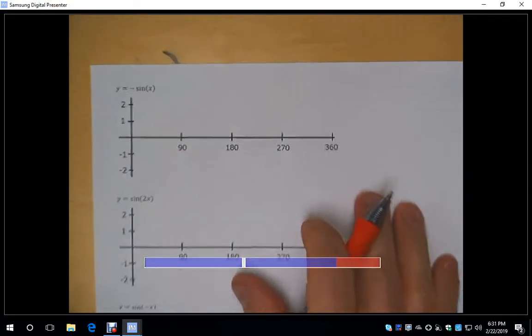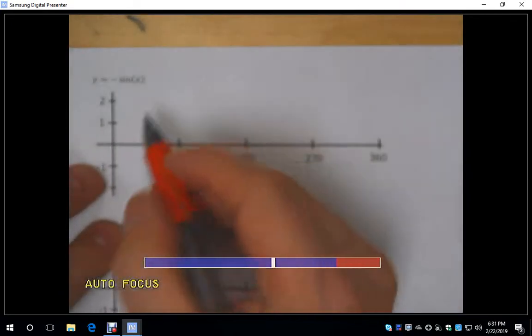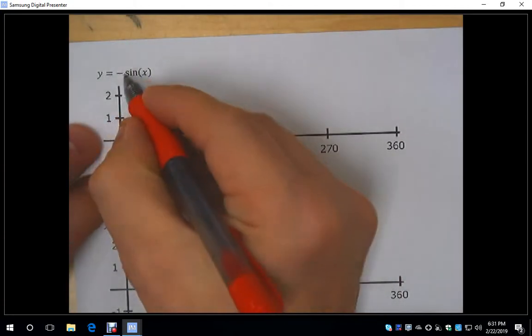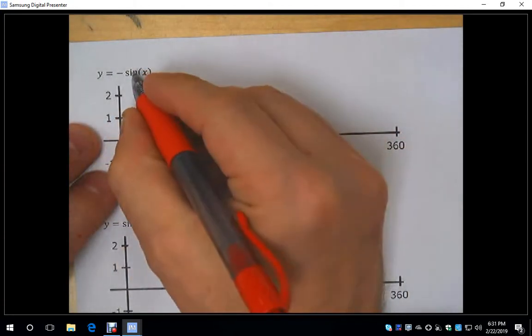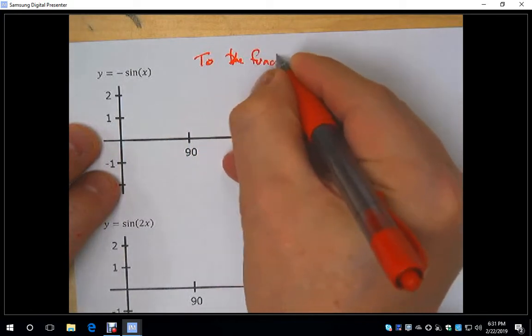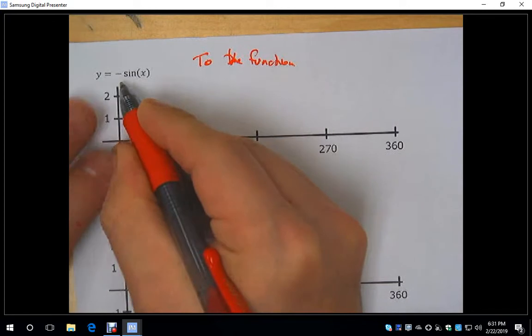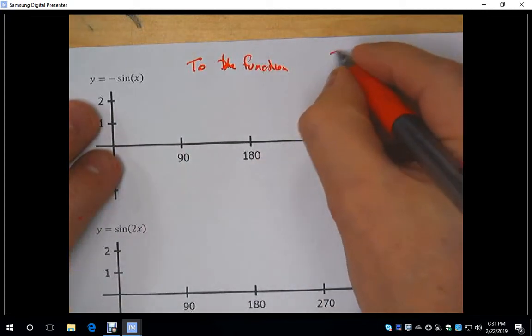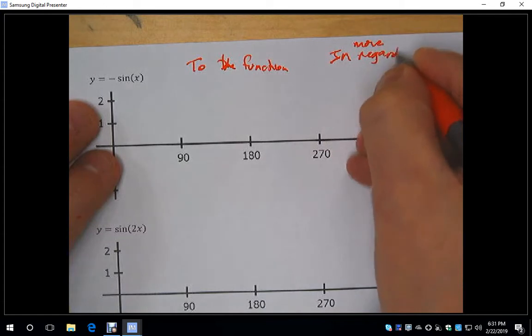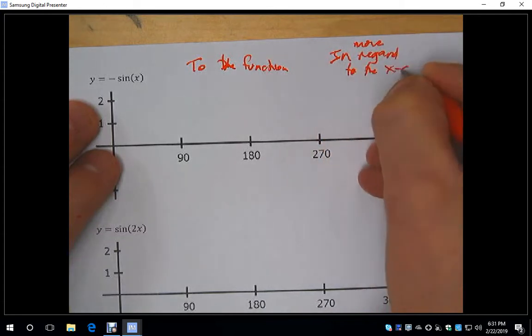All right, let's look at this one. So here we are multiplying by a negative 1. We're multiplying to the function, so the move is in regard to the x-axis.